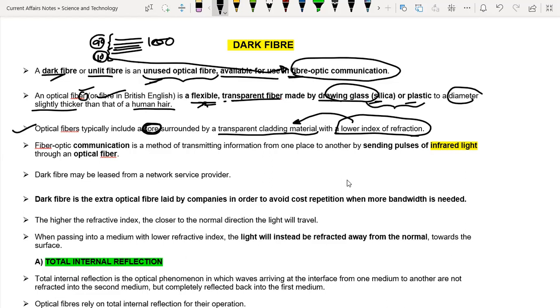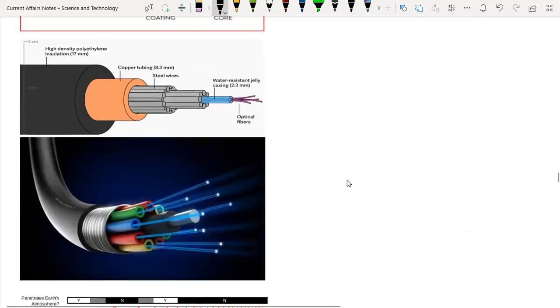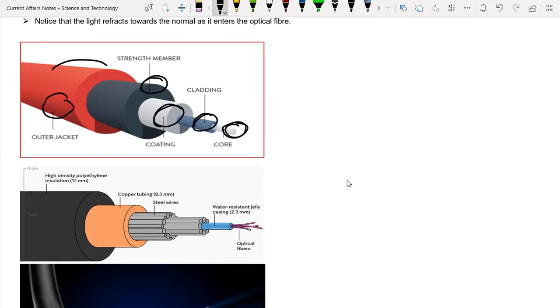Now I will show you a picture through which you can understand what the core is and what the cladding material used in optical fiber is. This is a picture of optical fiber where this one is the core and this one is the cladding material, with a coating on the cladding material, then a strength member over the coating, and then an outer jacket over the strength member.